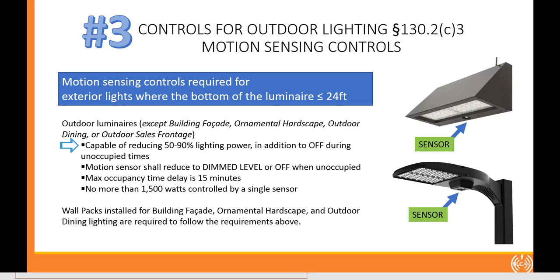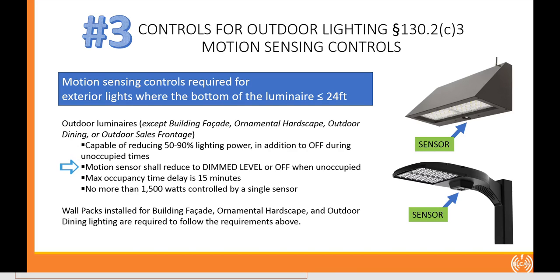Again, I like to call that low, high, low. So high being lights at 100% when there's occupancy, and then when there's no motion, lights go to a low state. And so my low state, I'm saying, will be anywhere reduced by 50 to 90% lighting power.